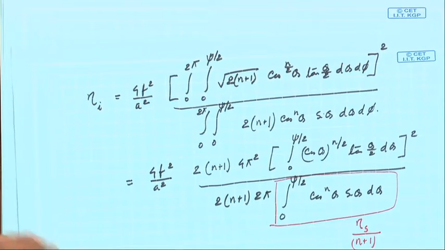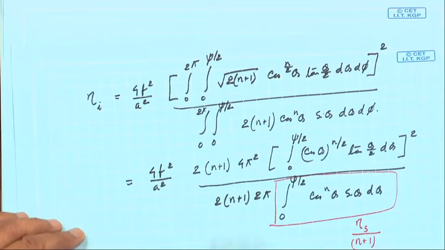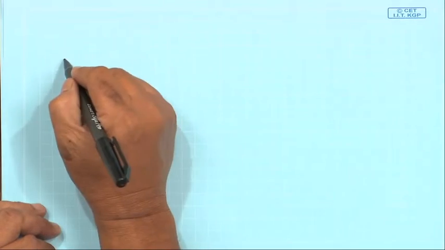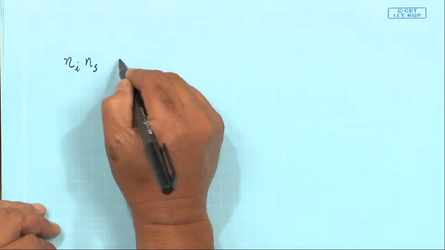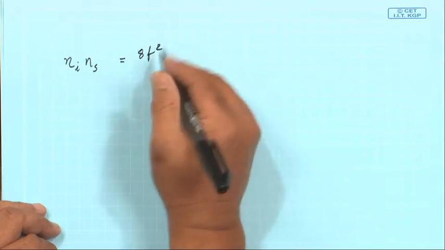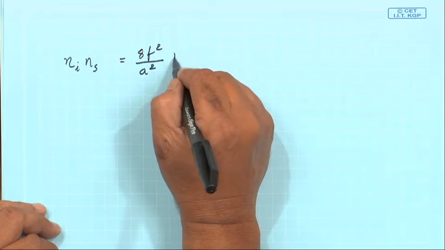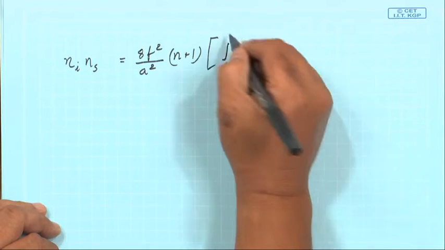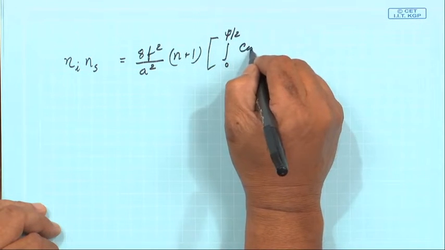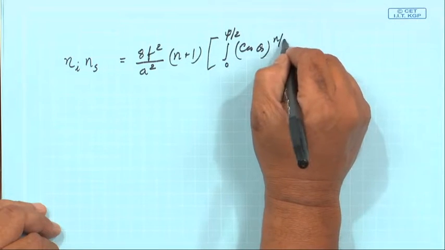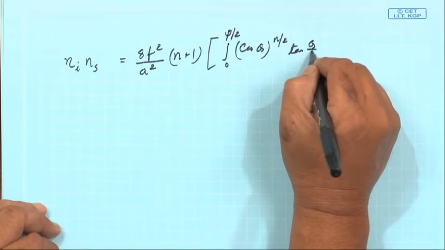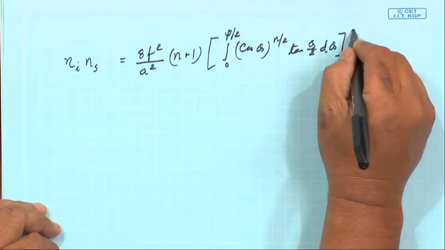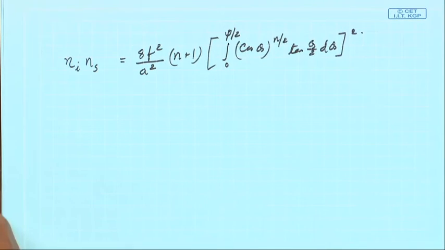So, from here I can write eta_I eta_s is 8 f square by s square (n plus 1), integral 0 to psi by 2 of cos theta to the n by 2 tan theta by 2 d theta, whole square. So, this needs to be maximized.